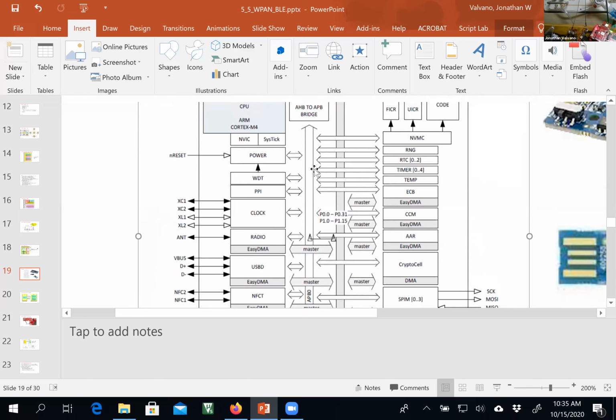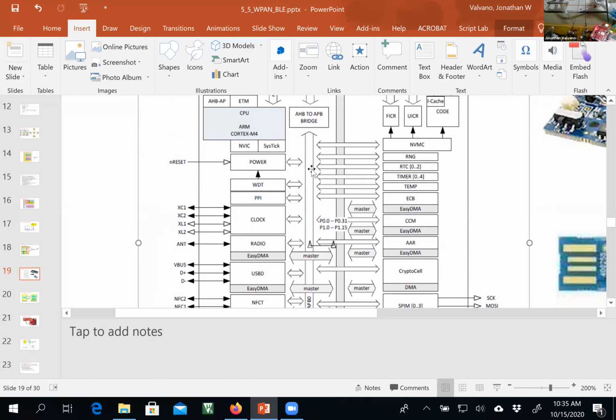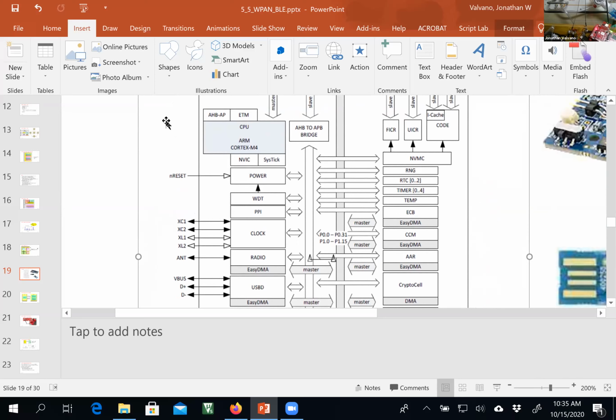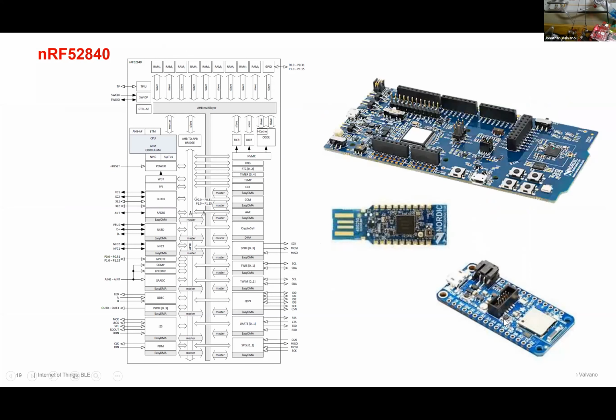Clocks, thermometers, timers, all that sort of stuff. And then if you type this number in and go to the buy page, there are dozens and dozens of development boards that you can buy for this chip, or different versions of this chip.